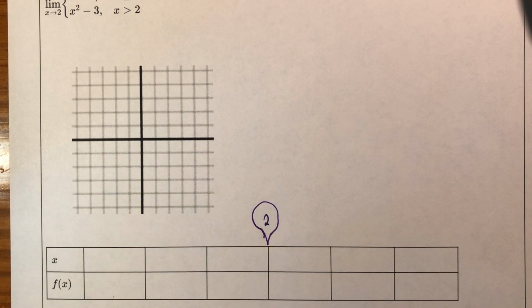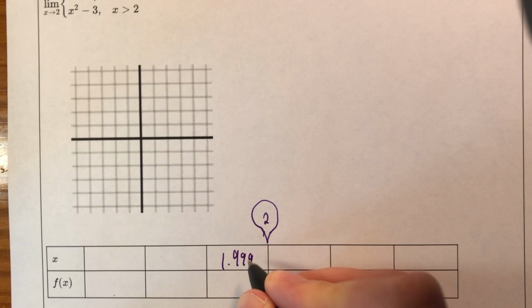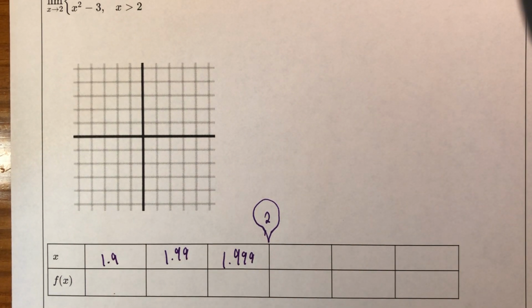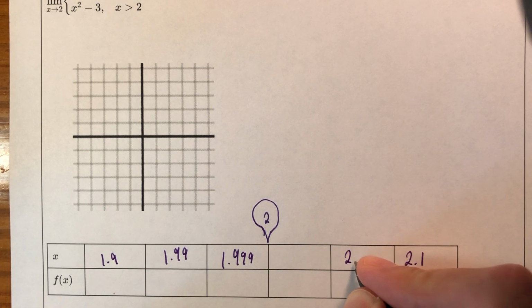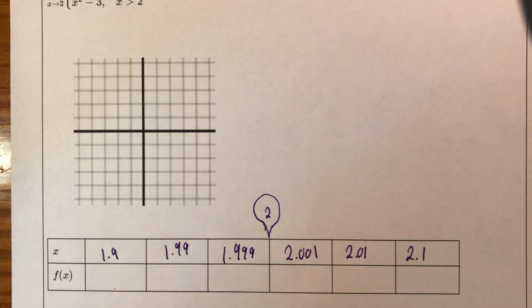So I want to approach a 2, and if I approach a 2, I have to get really close to it, like 1.999 or 1.99 and 1.9. And also approach from the other side, so like 2.1, 2.01, 2.001. We're getting closer and closer from either side.